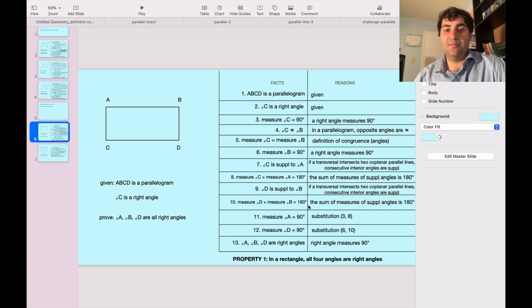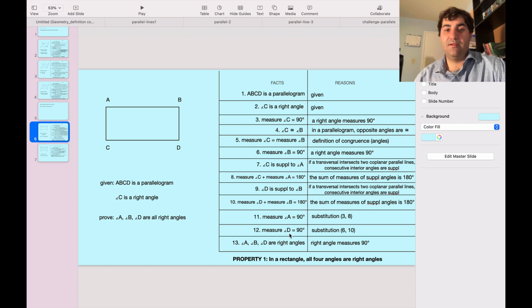So if I substitute that the measure of angle C is equal to 90 degrees into statement 8, then I would have 90 degrees plus the measure of angle A equals 180 degrees. So if we do a little bit of arithmetic, we get the measure of angle A is equal to 90 degrees.